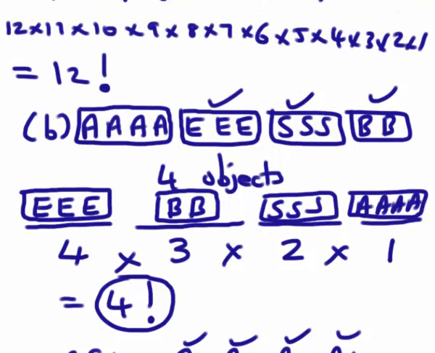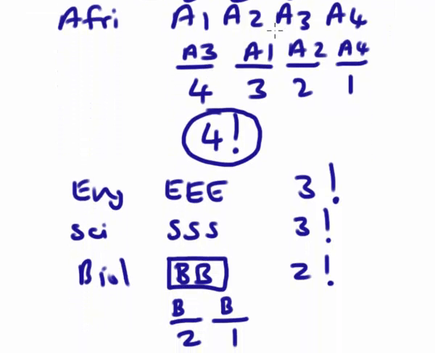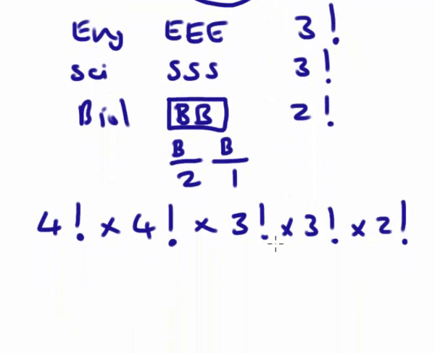So the objects can be arranged in 4 factorial, an object being like 3 English books together, that's one object, and there are 4 objects, so we can arrange them in 4 factorial. The way that they can be arranged relative to each other would be Afrikaans 4 factorial, English 3 factorial, science 3 factorial, and biology 2 factorial, and you multiply them together and you have your possible arrangements.